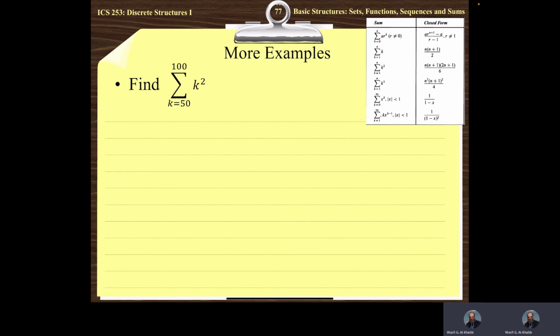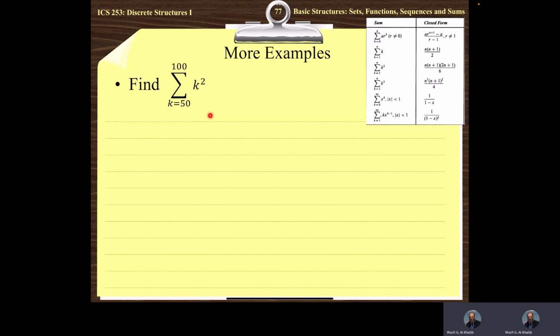Sigma k squared from k equal 50 to 100. Now, there are two ways to solve this. One way is a little bit hard, which is basically doing an index change. Because here I cannot apply the rules, right? k is starting from 50, and I want to start from 1.